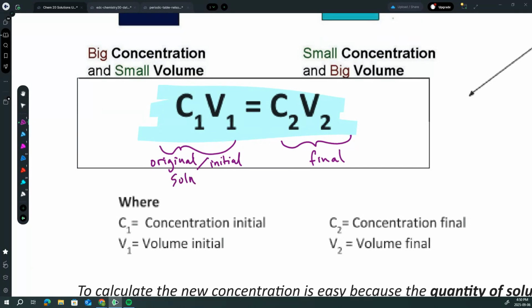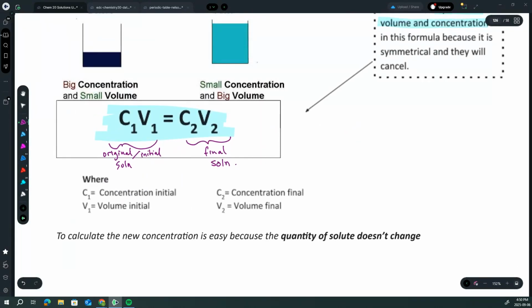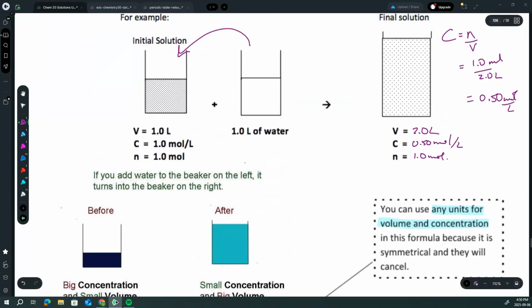I'm abbreviating solution just to SOLN. Just to remember, this last part is saying quantity of solute doesn't change. That's another way to say your moles of solute is not going to change, which we talked about up here.